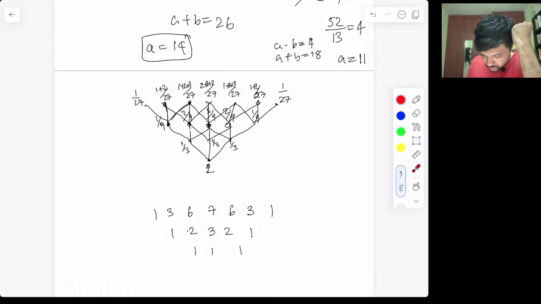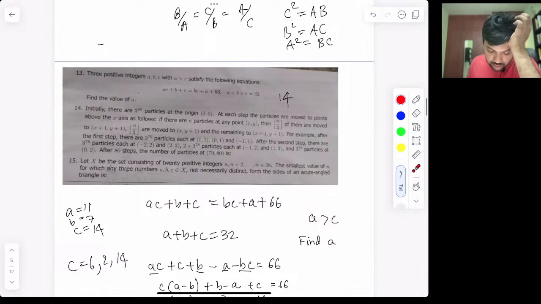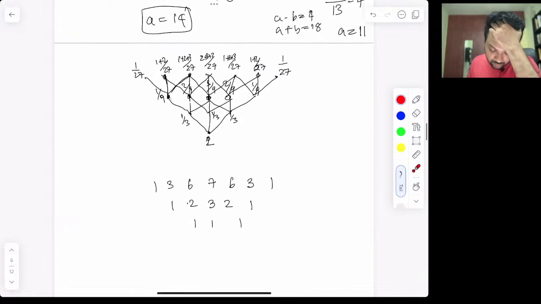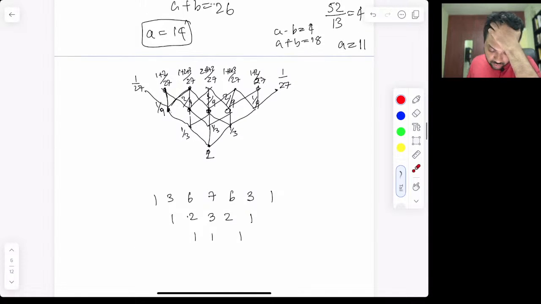So what would 79, what is the question now? What is the 80th step? What is the number of particles at 79,80? I think we can sort of see a pattern. What will happen next?